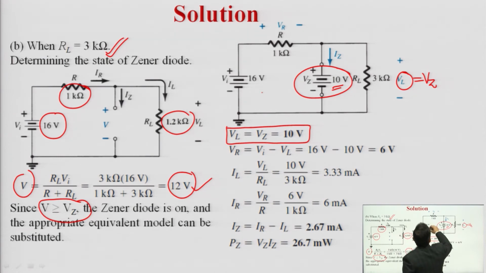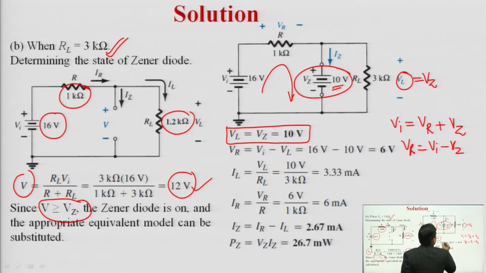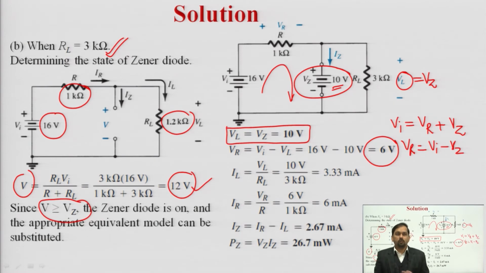Now, again we can apply KVL in this particular loop, which says that Vi equals Vr plus Vz. So, we can say that Vr equals Vi minus Vz. So, this is 16 minus 10, which is equal to 6 volt. So, the voltage drop across the series resistance is 6 volt.